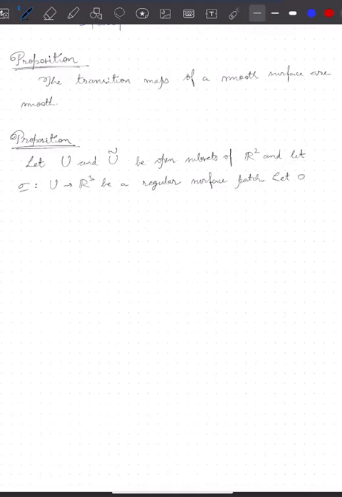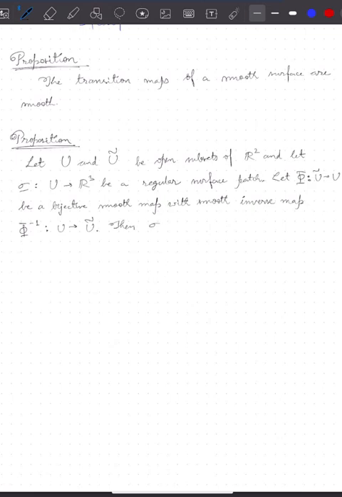And let phi, a transition map which maps from U tilde to U, be a bijective smooth map with smooth inverse map, phi inverse from U to U tilde.